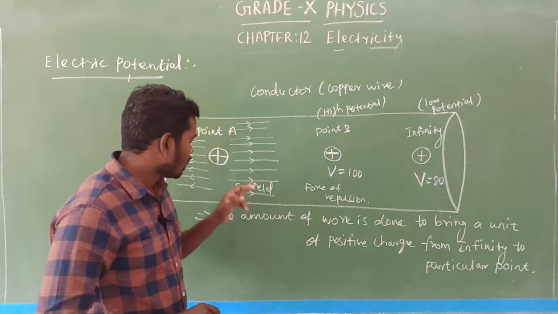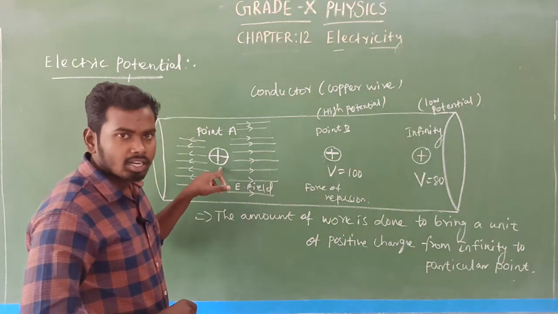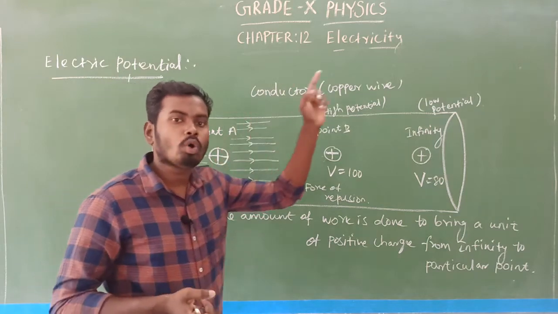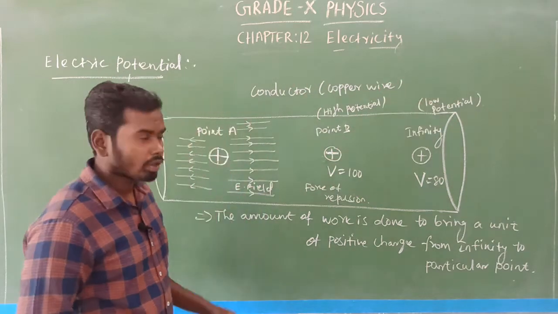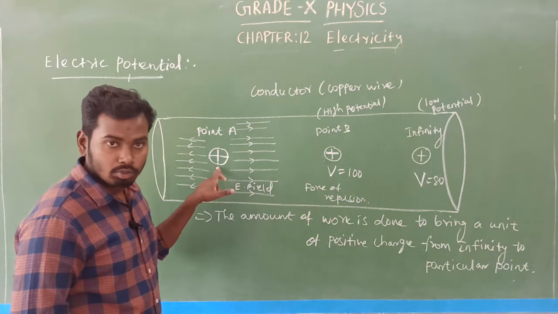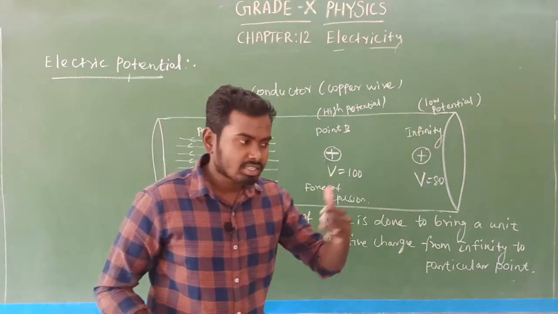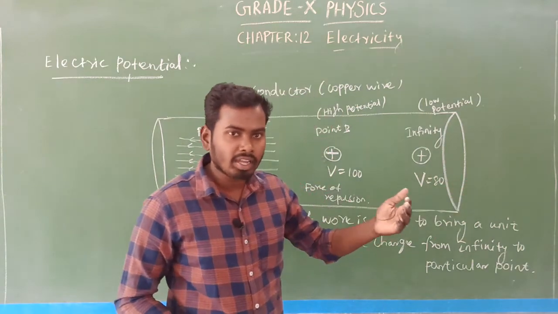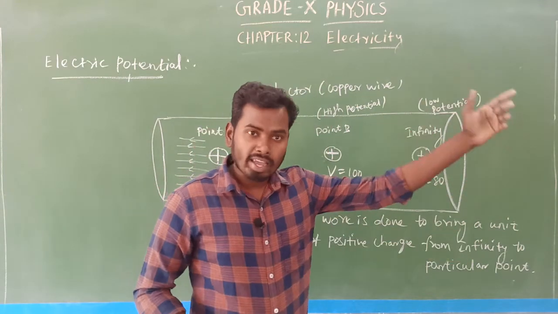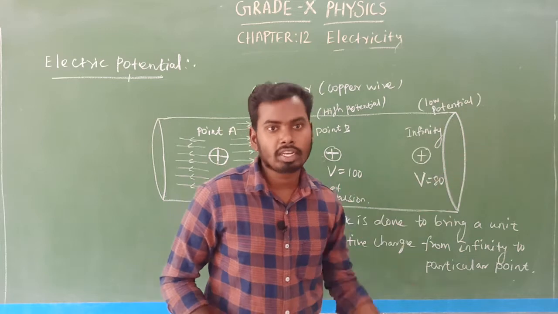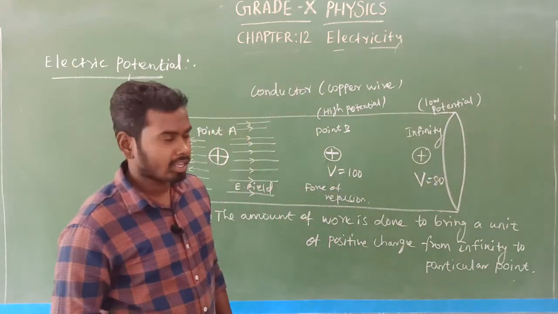Is it clear? Yes. This electric field will be zero at infinity. This positive charge's electric field will be zero at infinity because as the distance increases, the electric field intensity decreases. Finally, it becomes zero at infinity. Is it clear? Yes.